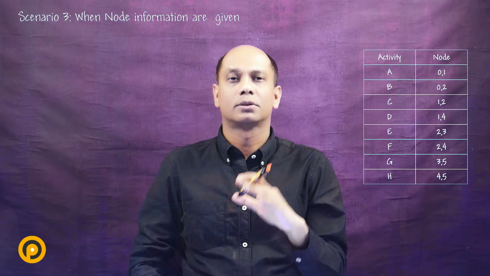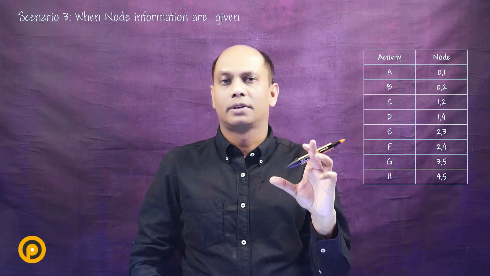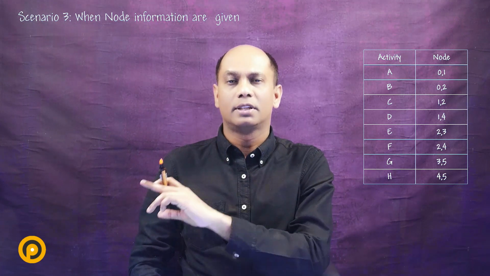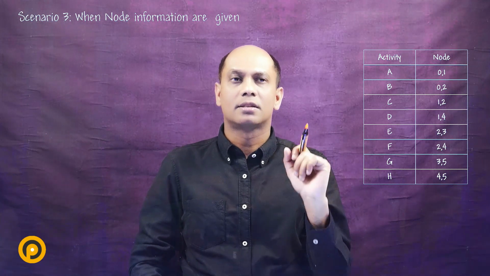Activities on arrow is a critical path diagramming method where we put the activities on the arrow. In activities on node, we put activities on the node. So in this scenario, we are using the activities on arrow method, and we will have to draw the nodes and connect them with arrows, and each arrow will represent our activity. So let's start doing that.